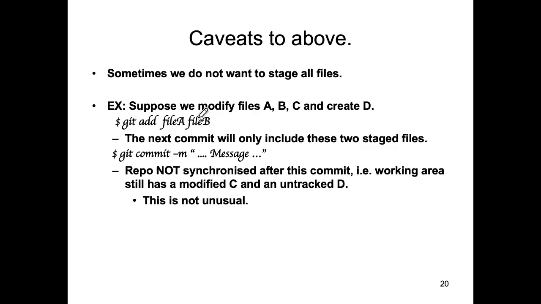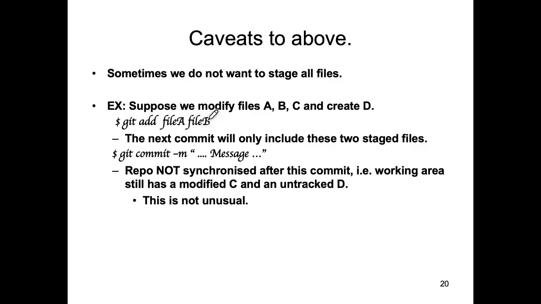But I do want to stage and commit the files that I've edited relating to the first task. So that would be an example where my working directory has lots of modifications to it, but I don't want to commit all of them. And so I can specify which particular files I want to stage, and then I commit them.